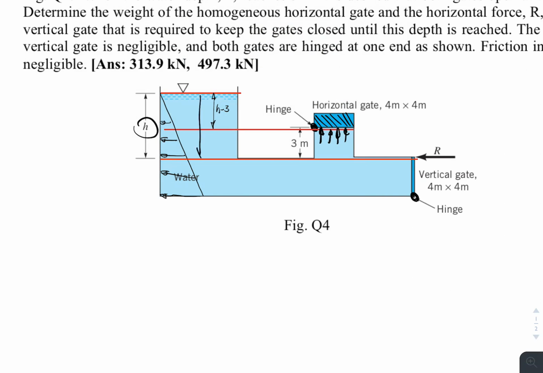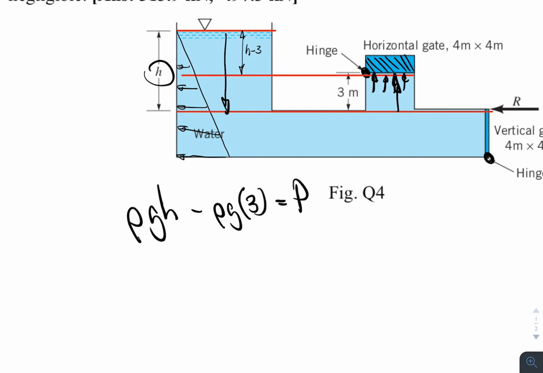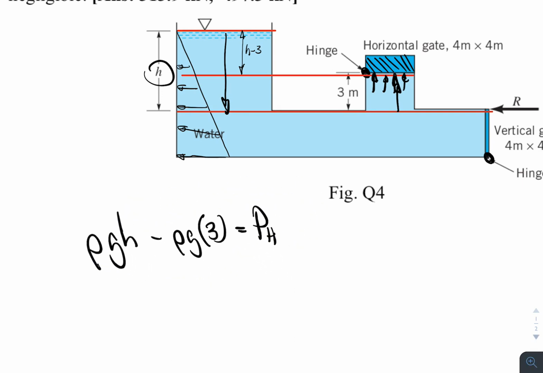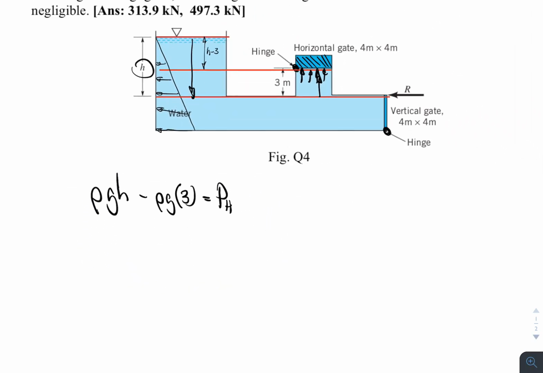So we work all the way down to here and all the way back up to there. So we say that rho g h, so we're working positive down, h is 5, minus rho g 3, so back up 3 meters, is equal to p_h, where p_h is our horizontal gate. I'll just put him down there.